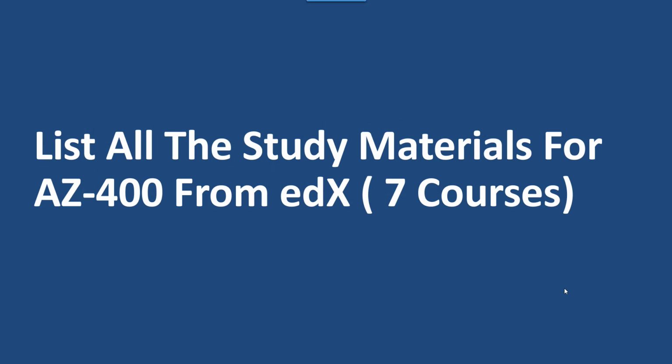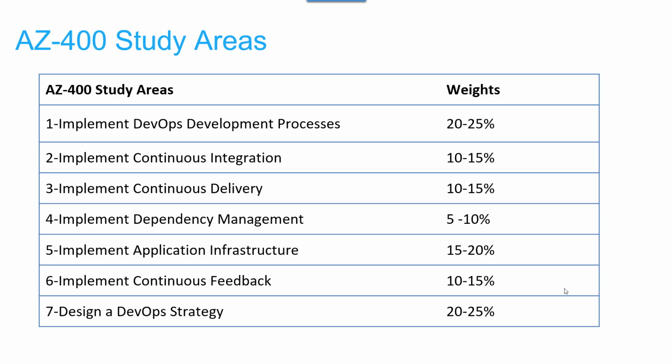Before listing all the study material for the exam preparation, let's talk about the study areas and their weights. The first is implementing DevOps development process, which has around 20 to 25% weight. The second is implementing continuous integration, 10 to 15. The third is implementing continuous delivery, 10 to 15.